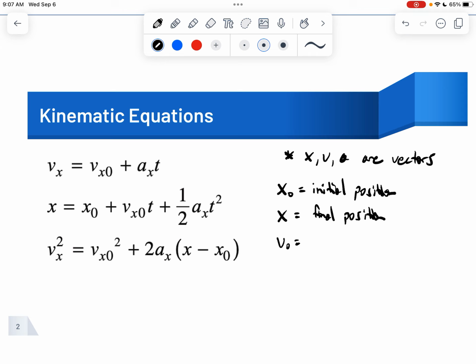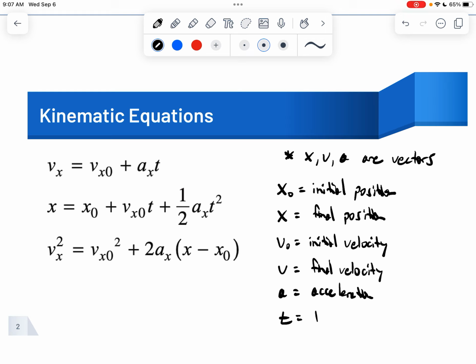We have our v initial, or v naught, which is our initial velocity. Just v is going to be our final velocity. A is going to be our acceleration. And lastly, t is going to be our time.